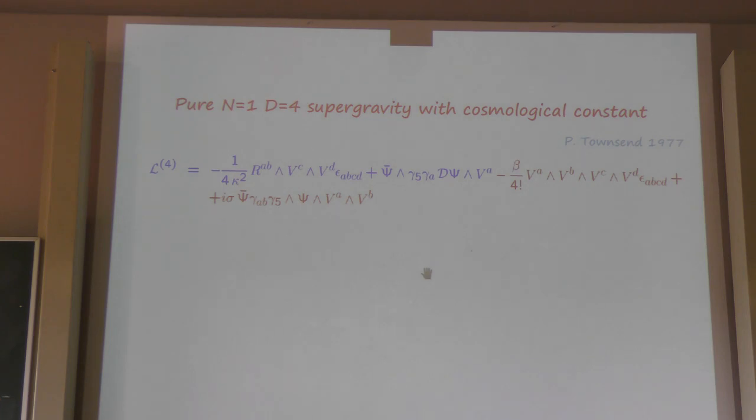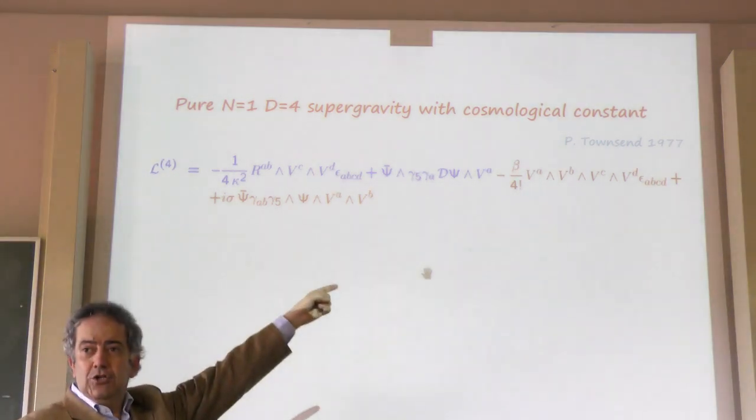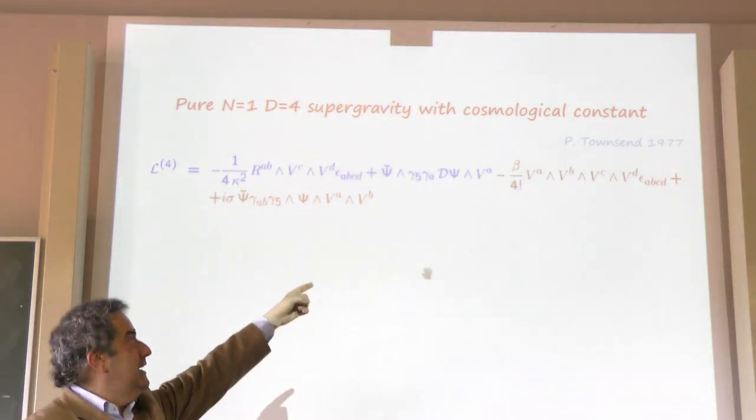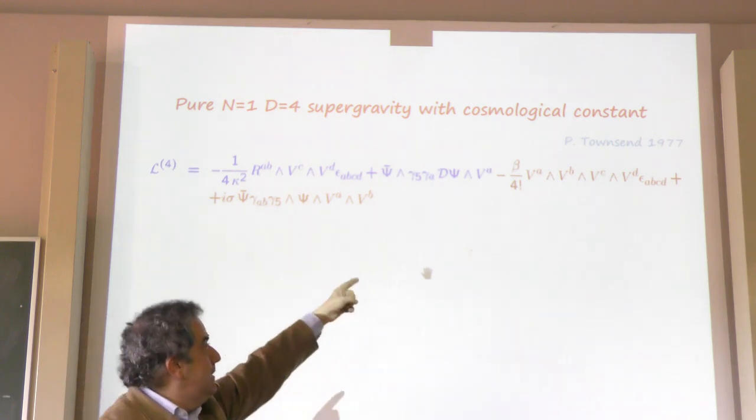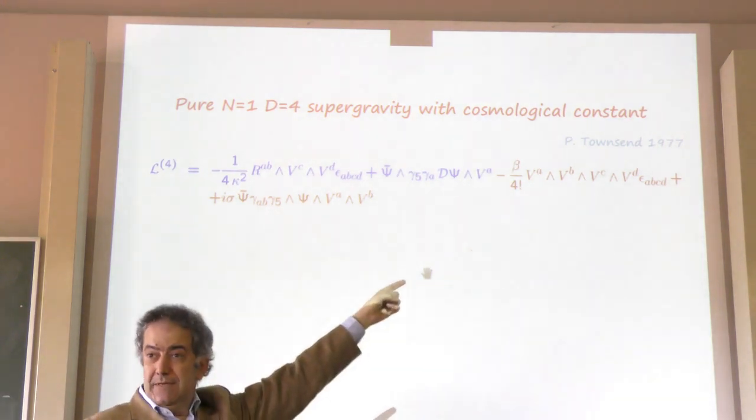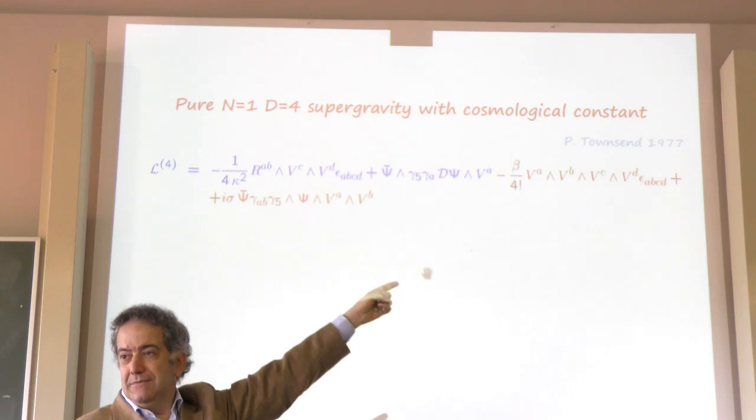Now let's briefly discuss a first variation, the simplest variant of the pure N=1 4-dimensional supergravity, which was constructed by Paul Townsend in 1977, just 1 year after. And it amounts to adding a cosmological term, that is, this term here, proportional to the volume element. This is a cosmological constant.